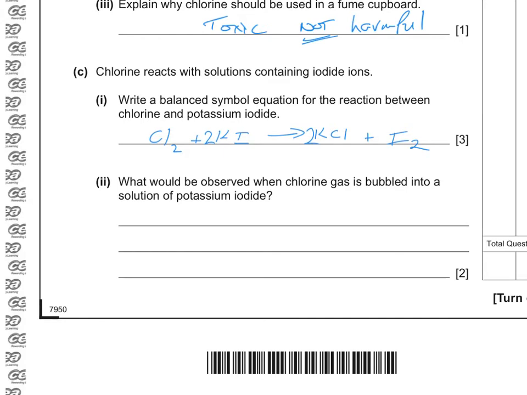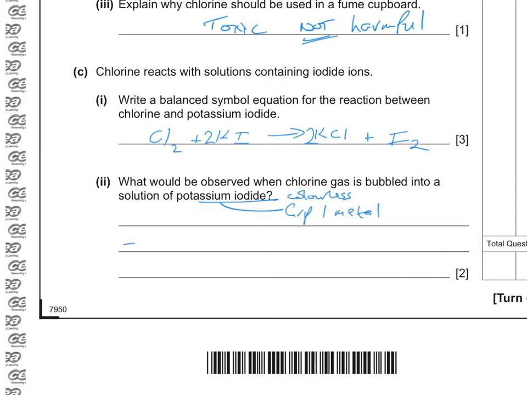Part 2. If you bubble chlorine gas into potassium iodide, well, potassium iodide is colourless. And we know that because potassium is a group 1 metal. And when a group 1 metal compound dissolves in water, just like a group 2 metal compound dissolving in water, it forms a colourless solution.